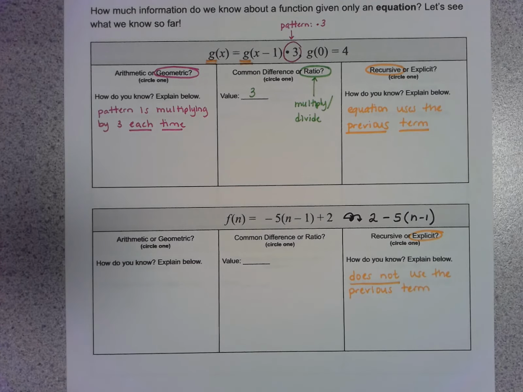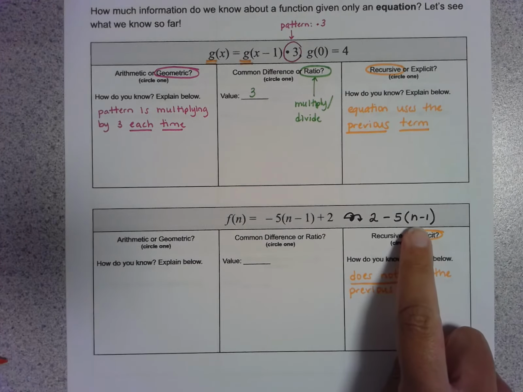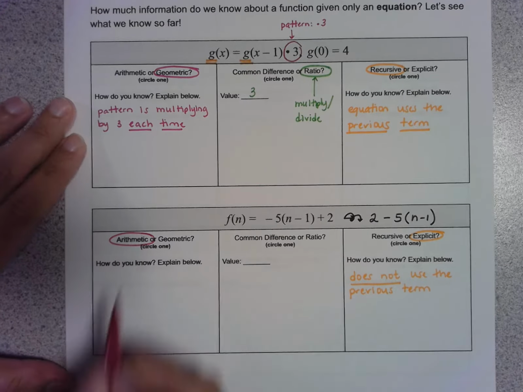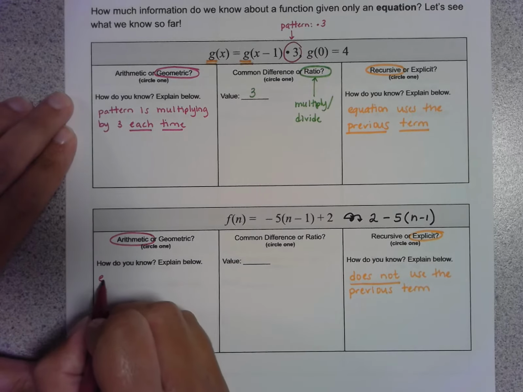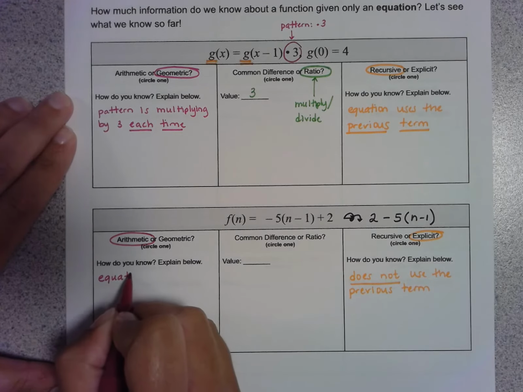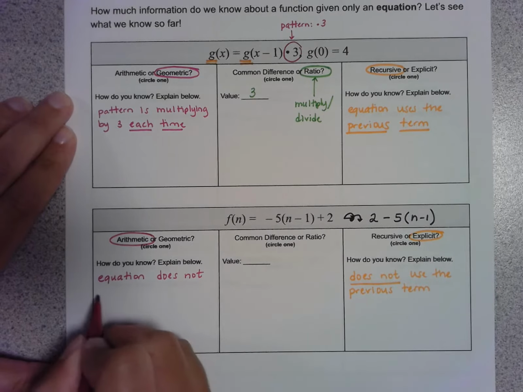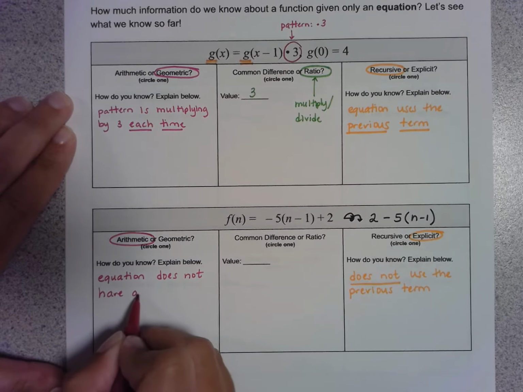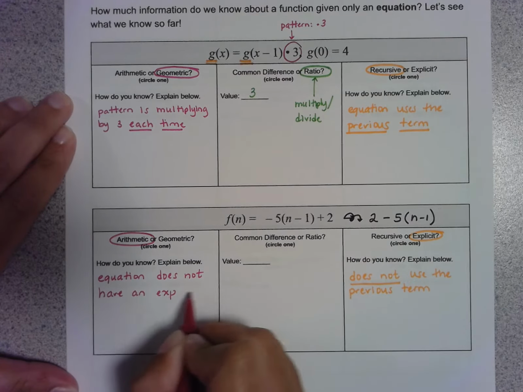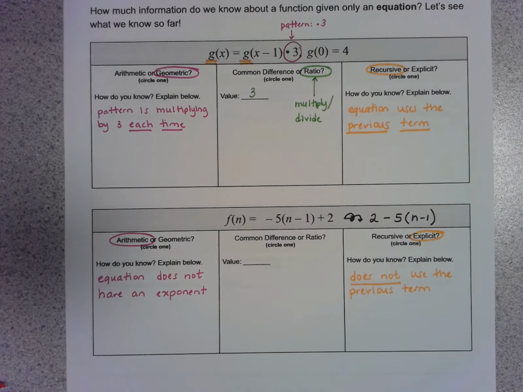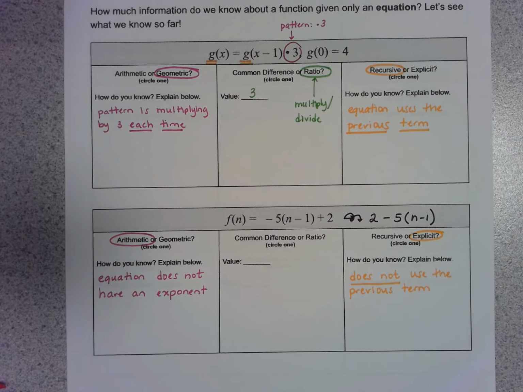Now, given that information, I'm going to look at what kind of pattern I see here. Because this n minus 1 is not an exponent, that tells me that this is an arithmetic sequence. The reason is that the equation does not have an exponent. All explicit geometric sequences are going to have exponents in their equations.